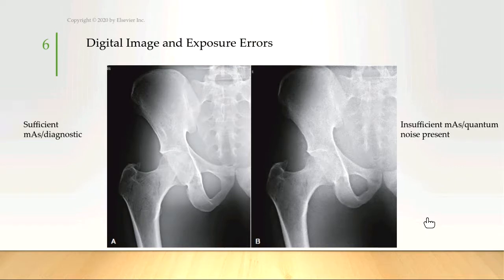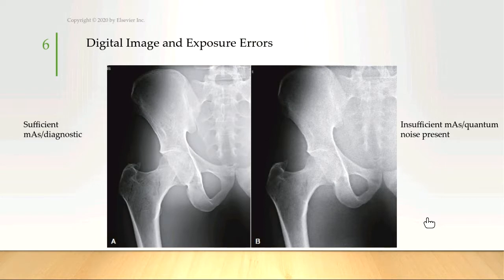And the only way to correct quantum noise is to increase your mass value, because remember, quantum noise is photon dependent, meaning that image is created when the photons exit the patient and strike the image receptor. And if you don't have enough photons striking that image receptor, it will appear as this speckled, grainy appearance, and it takes away from the image quality.